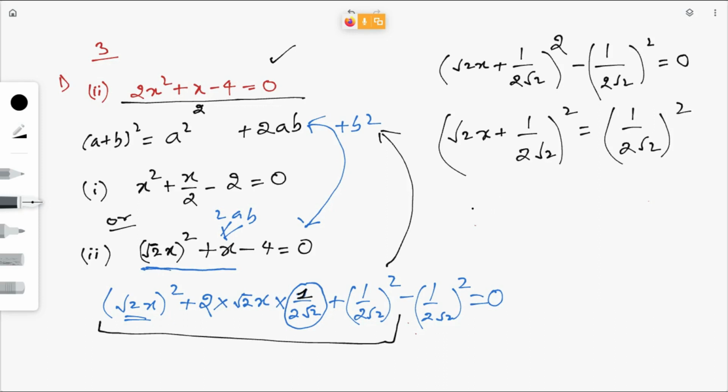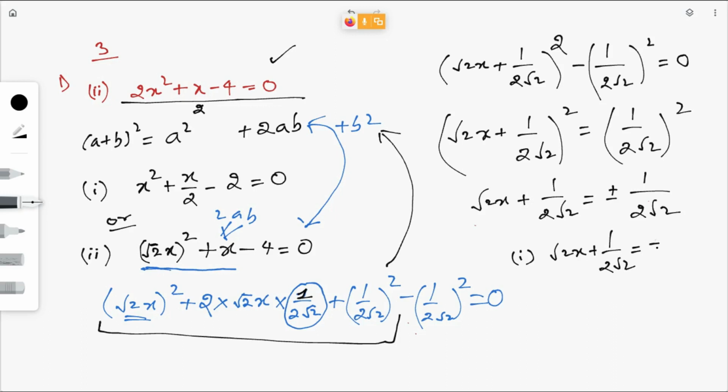Next step, root 2x plus 1/2 root 2. If you take the square root here, then you will get plus or minus 1/2 root 2. Again you will get two options here. First one is root 2x plus 1/2 root 2 is equal to plus 1/2 root 2. This 1/2 root 2 and 1/2 root 2 will cancel out. So you will get x is equal to root 2.